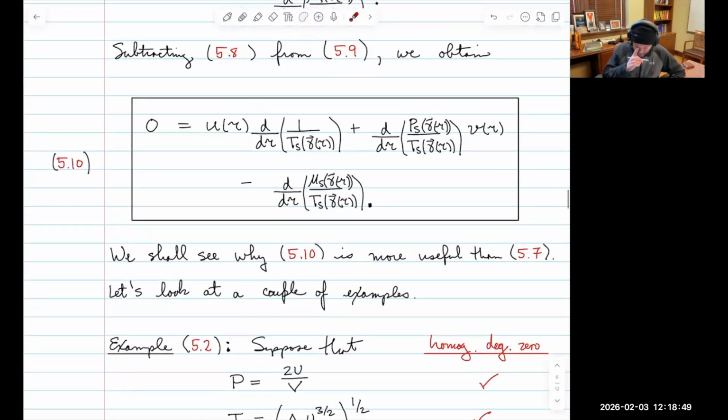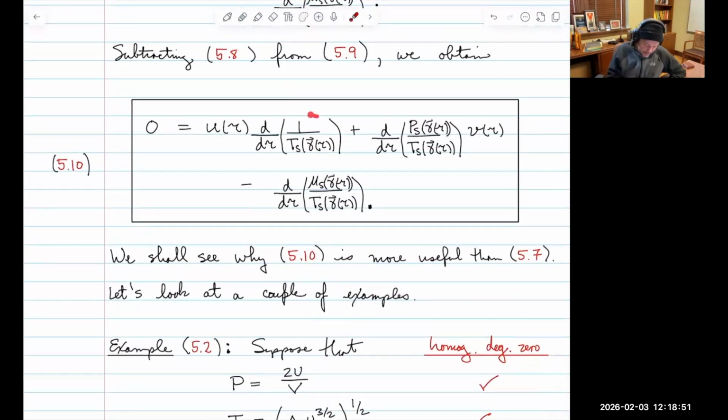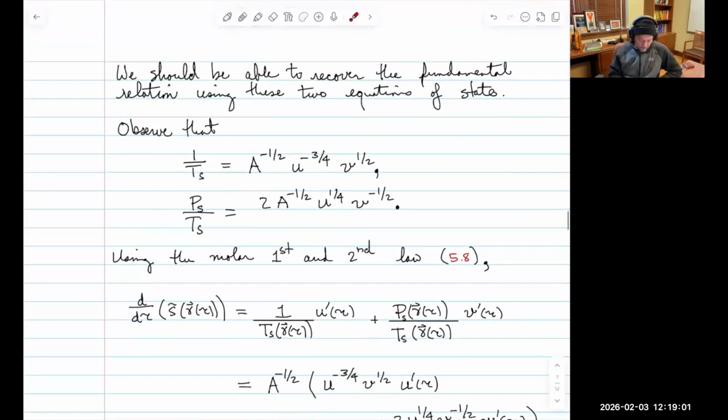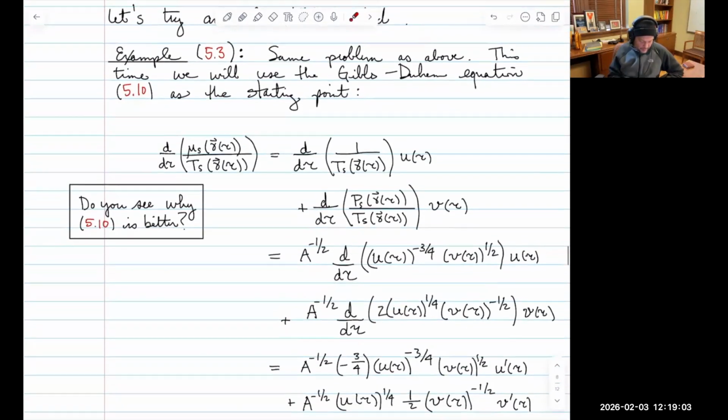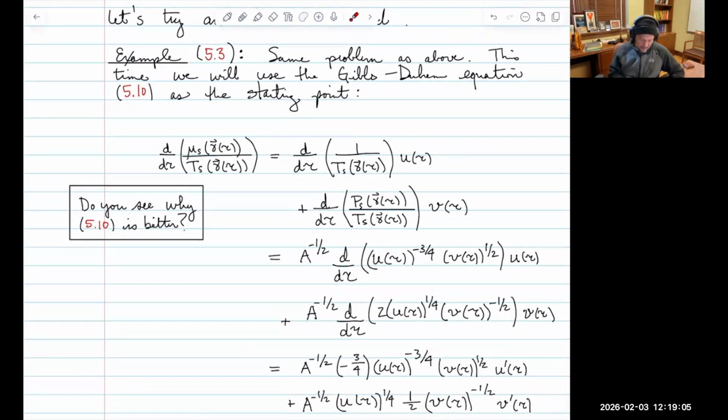So what we're going to do is use the fact that we know these quantities in terms of the variables u and v, and then use integration to find this variable in here. That's how we're going to use Gibbs-Duhem in this example 5.3. So there's the equation precisely that we're using.